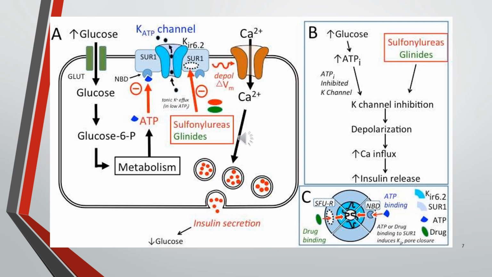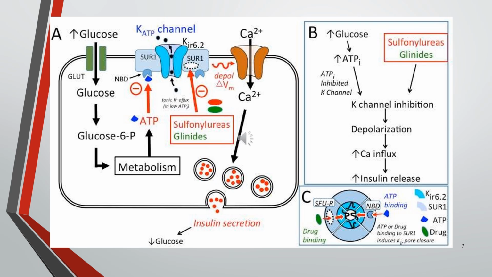Then the sulfonylureas and glinides bind to a site on the sulfonylurea receptor channel subunit, which inhibits the channel, while ATP binds to different nucleotide binding domains, that is NBD, on the cytoplasmic side. Binding of either ATP or these drugs to their site of action produces a conformational change that inhibits potassium permeability.